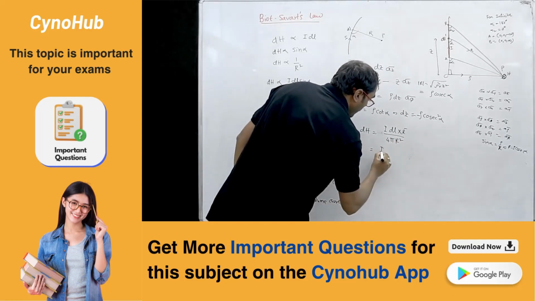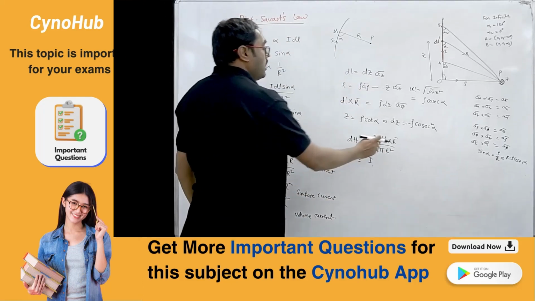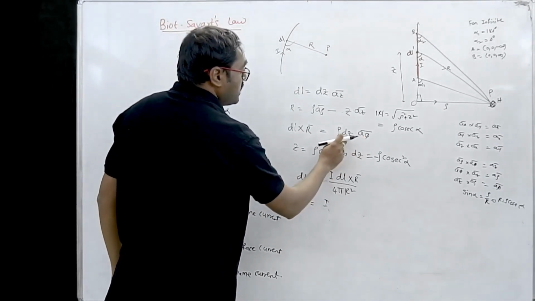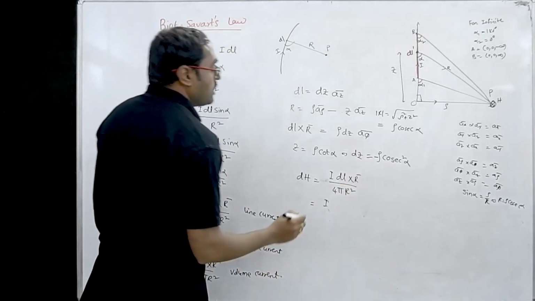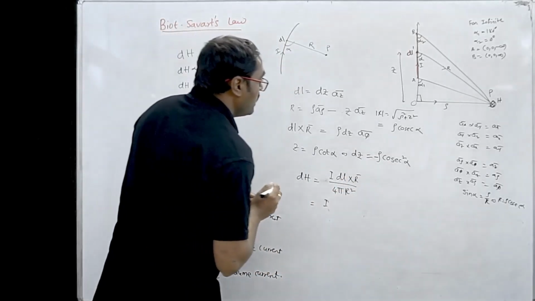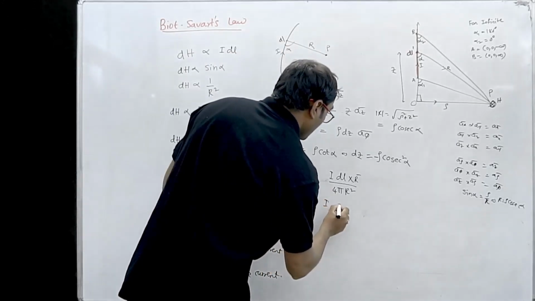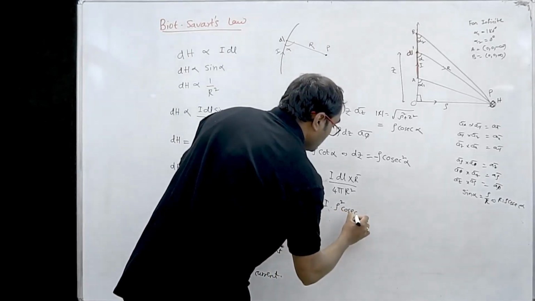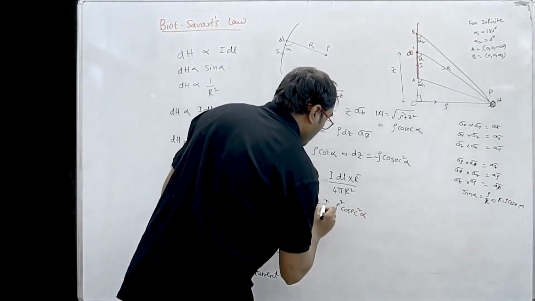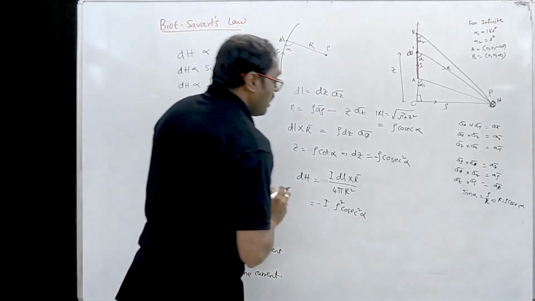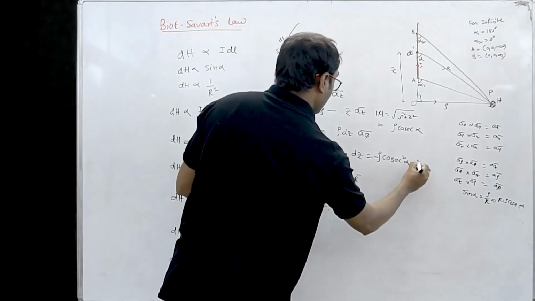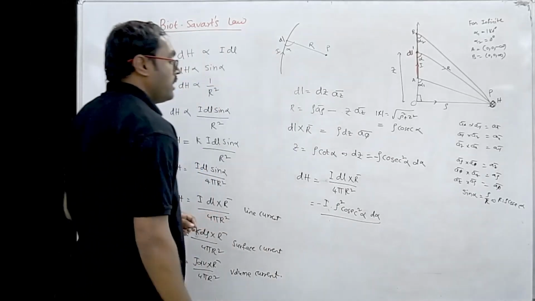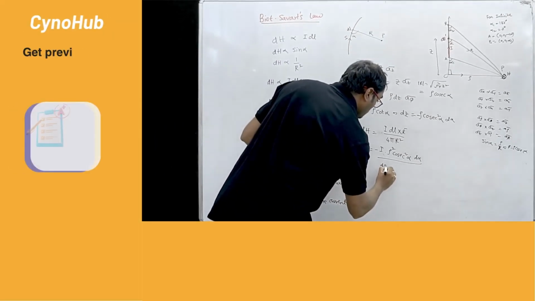Now here the current element I is there, dl cross r is equal to rho into dz a phi bar, and dz is equal to minus rho cosecant square alpha d alpha. That's why we can write the equation as rho square cosecant square alpha times minus cosecant square alpha d alpha, divided by 4 pi r square.